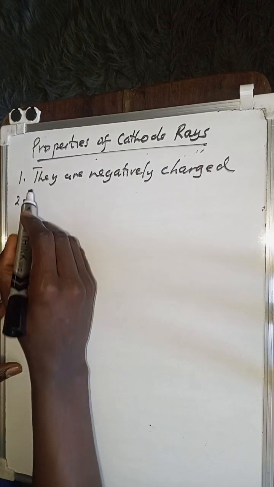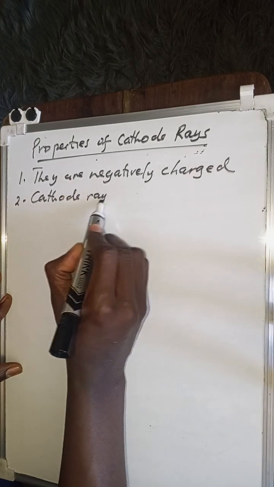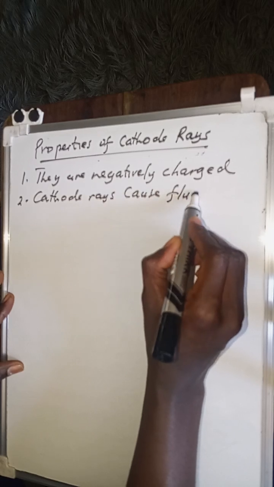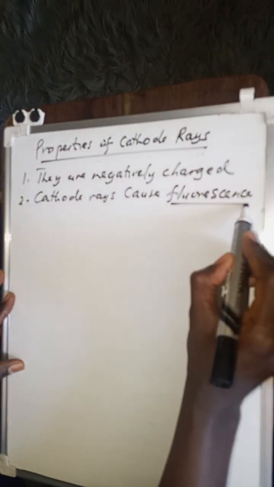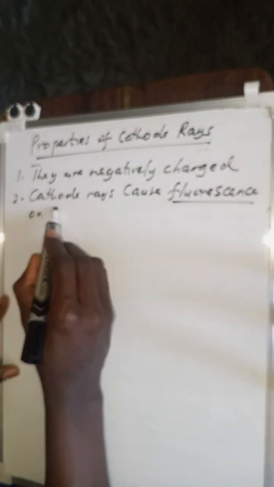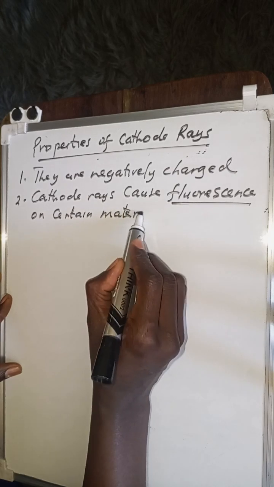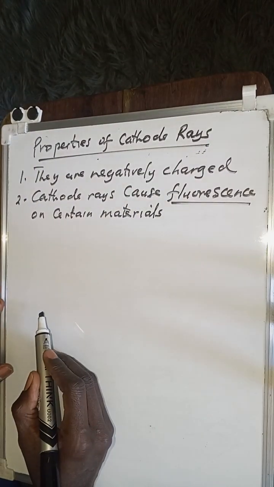Another property that we can talk about is that cathode rays cause fluorescence on a certain material. What do I mean when I say cathode rays cause fluorescence on certain material?